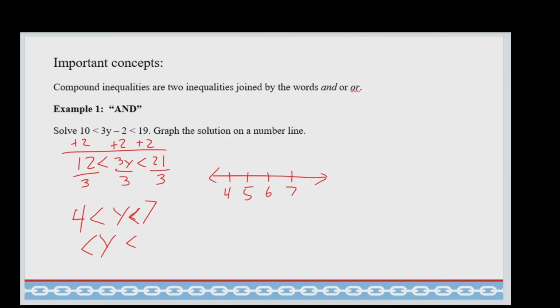Because neither of them has the or equal to, they're both open circles. So I put a line between the two circles at 4 and 7 because they're both open.